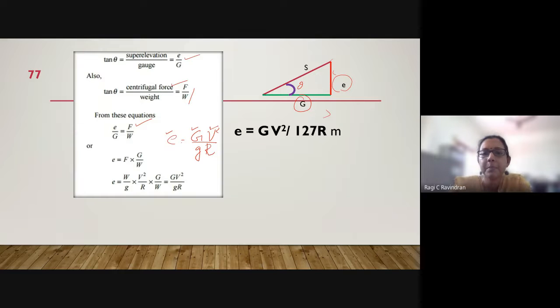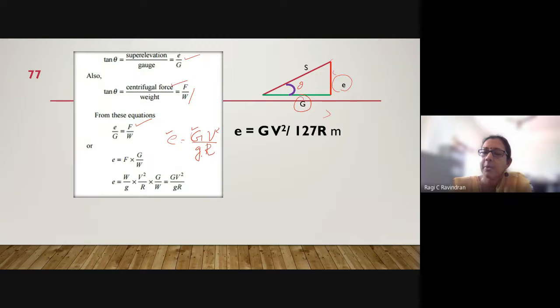Moreover, in India the gauge will be broad gauge itself, so that will be a standard value. After doing all the conversions, here G is in meters, V is in kilometers per hour, R is in meters, and g is in meters per second square.